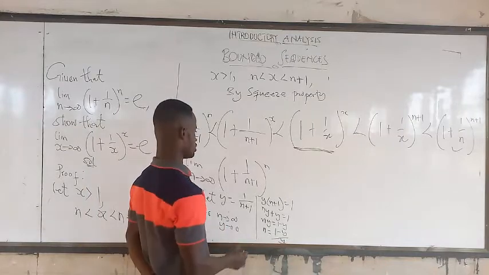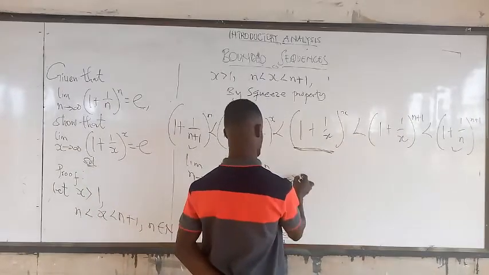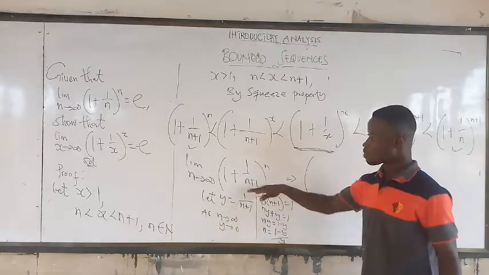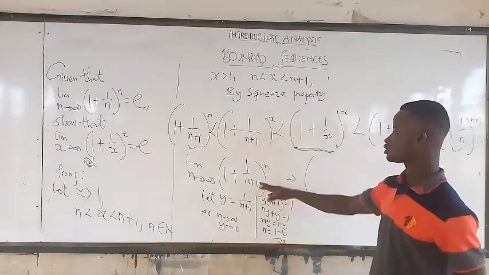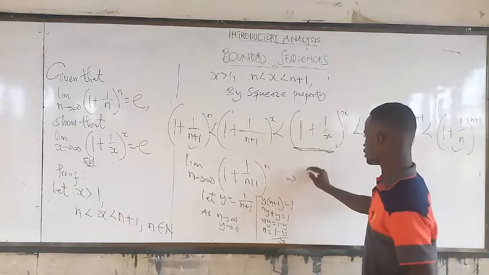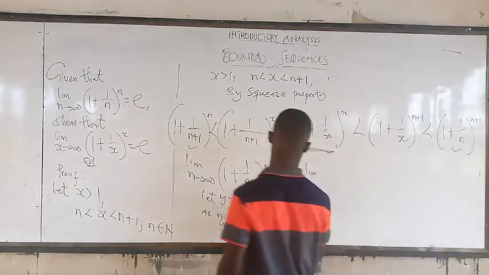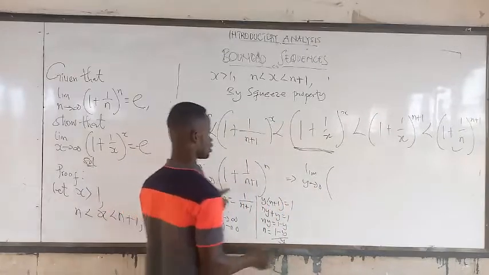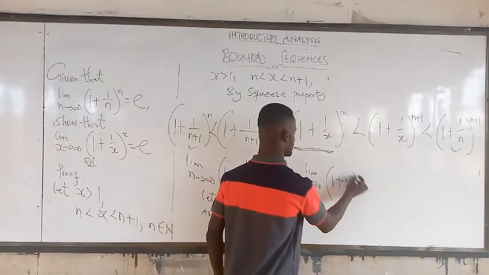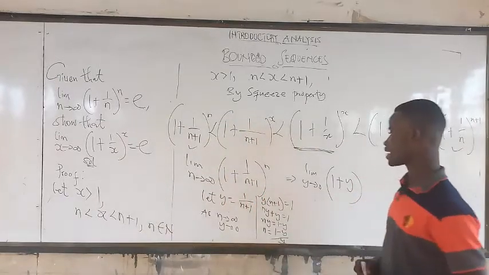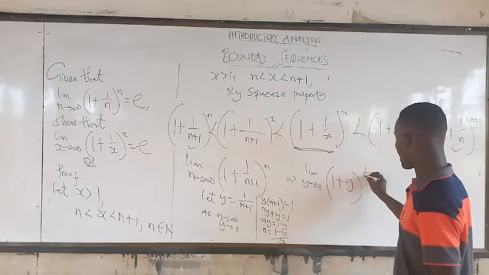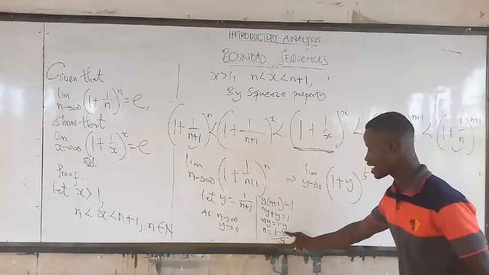Alright. So by substitution, we are still on the left hand side. By substitution, we are going to get the limit as y approaches 0 of 1 plus y, then the n here will be 1 minus y all over y.